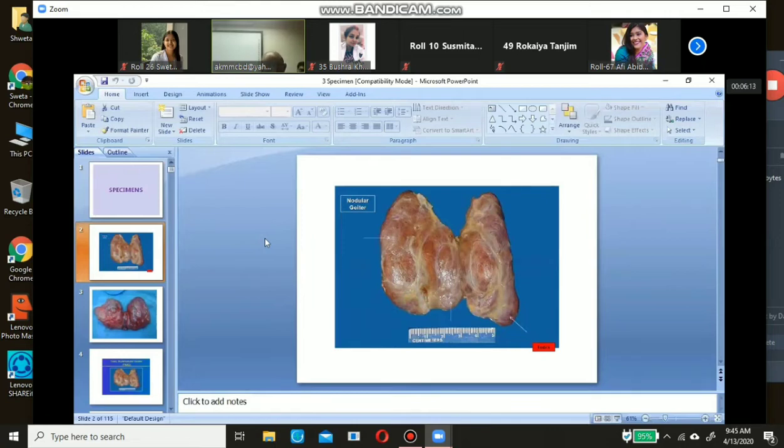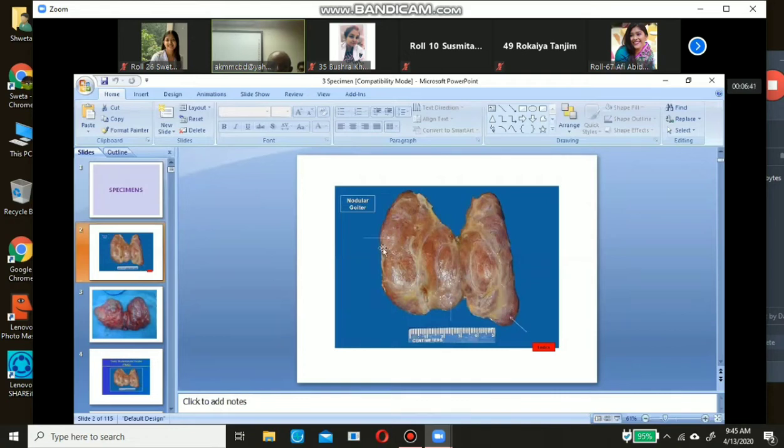Now come to its findings. This is a nodule. Here is another nodule, a separate nodule. Here is also a nodule. Here is also a nodule.